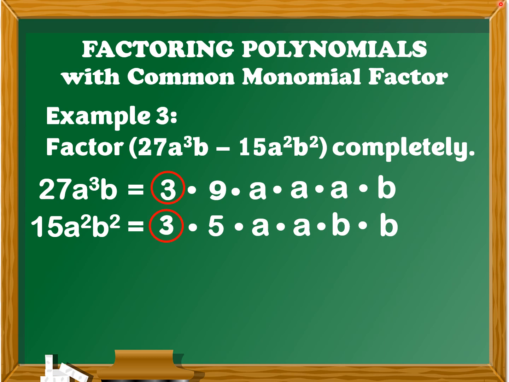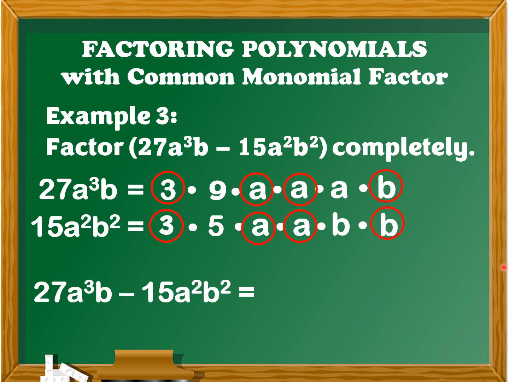We have 3, a, and b. Okay, so we can have now the common monomial factor. We will just multiply 3 times a times a times b, and we have 3a squared b.